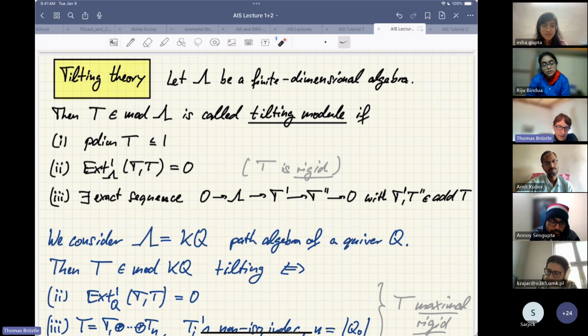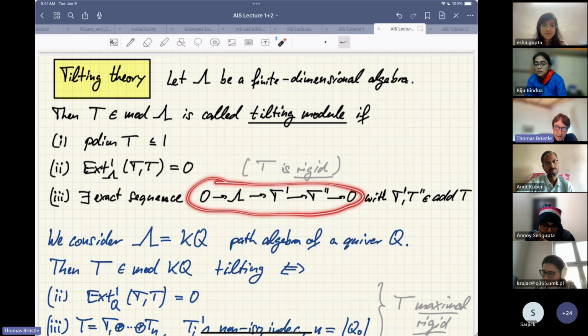And the third condition is it's kind of large enough. The additive hull of T is large enough to embed the original algebra, to find the original algebra as a kernel of two maps between copies of T. So that's the original definition of a tilting module.